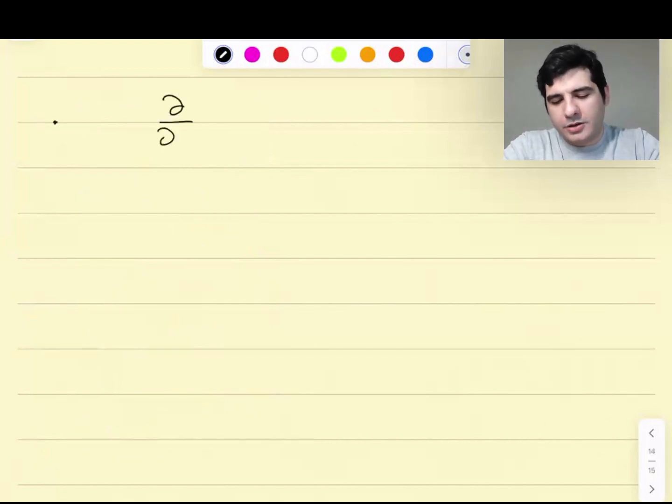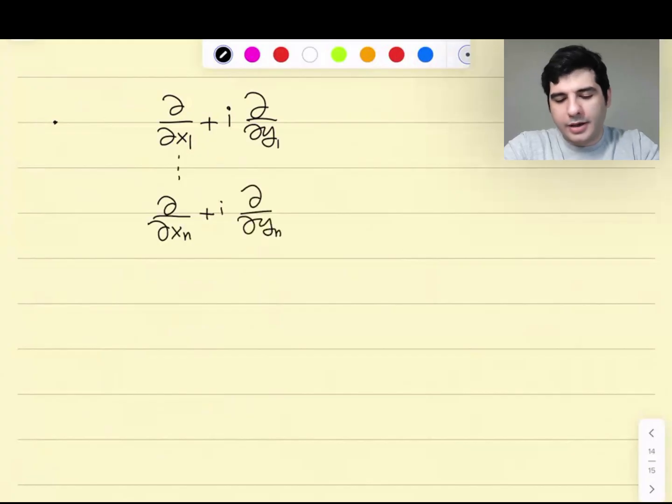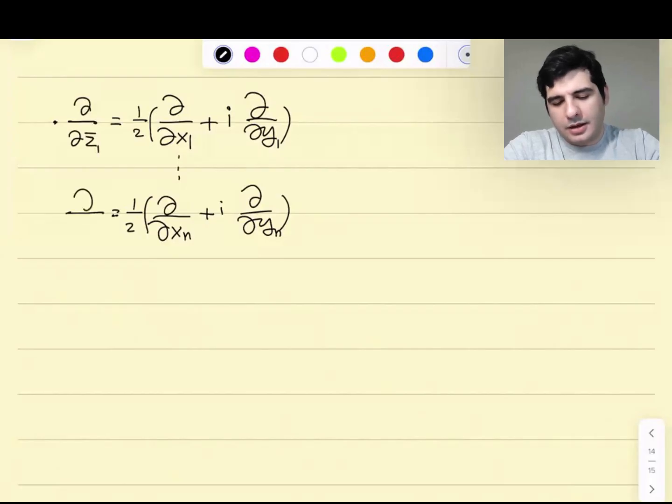Now, if we do that, then we can look at objects of this form. I can look at partial x1 plus i partial y1, up to partial xn plus i partial yn. And in fact, if we add a coefficient of 1/2, we define this to be partial z1 bar, up to partial zn bar.